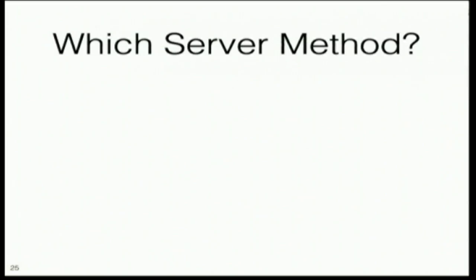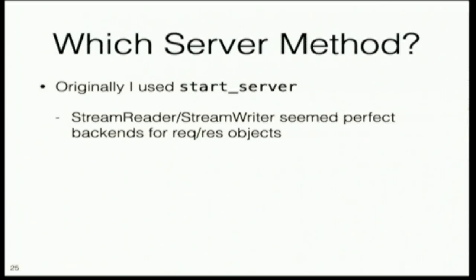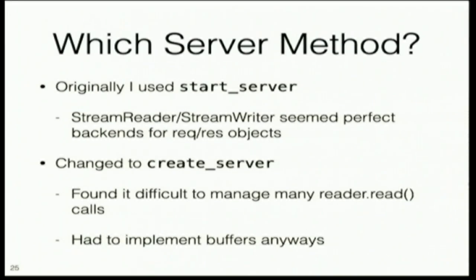So, a design decision: since I'm writing a server, which server method did I use? And I thought, oh, req and res objects, this is perfect for start server, and this StreamReader, StreamWriter, might as well just wrap them in request and response objects. Because I was new to this, it turns out that it wasn't working well.